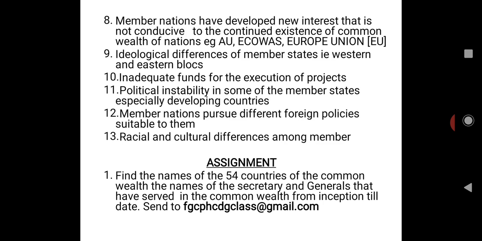Now, take your assignment. We normally give assignment at the end of every lesson. Take your assignment, please, and make sure you do it. You go for research, you make references, you send it back to me for me to mark.